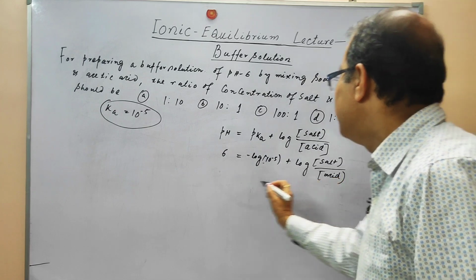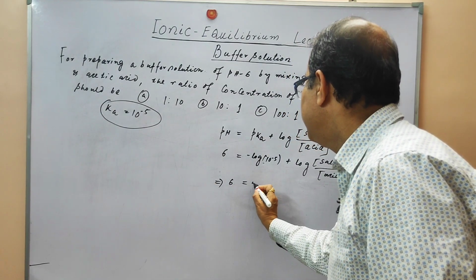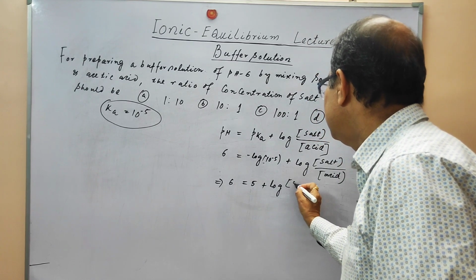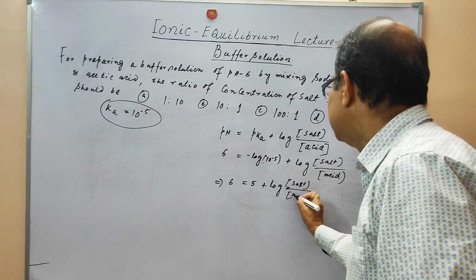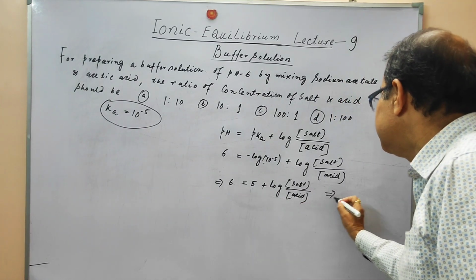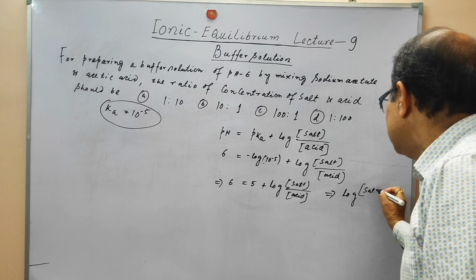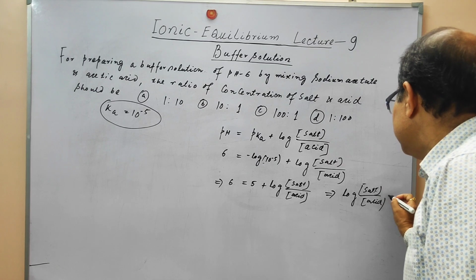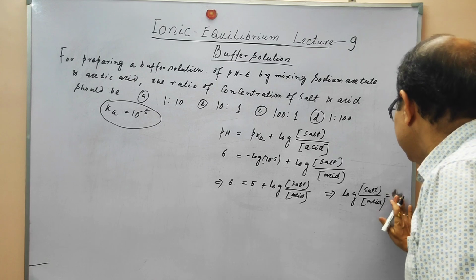Okay, so what we will do, 6 it will be 5 plus log of salt by acid. So what we get from this, the log of salt by acid, it will be 1, sorry, it will be coming 1.